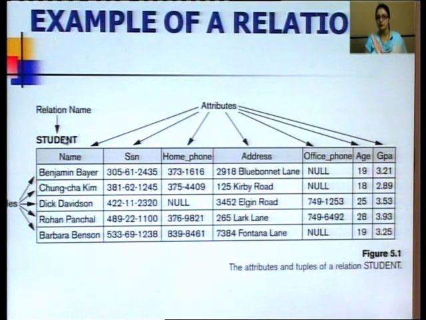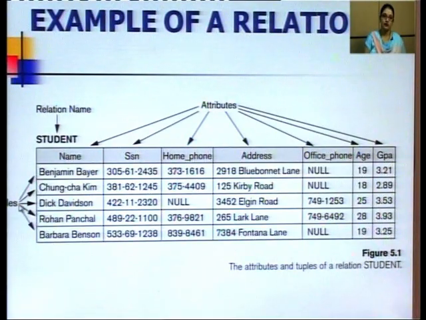This is the table student having 7 attributes, 1 2 3 4 5 6 7, and having 5 tuples. Each tuple is a row in the horizontal direction, which is a record of a particular person having values for the attributes.